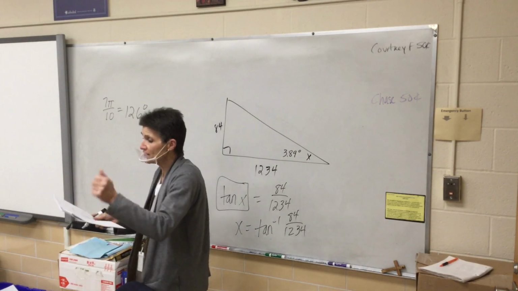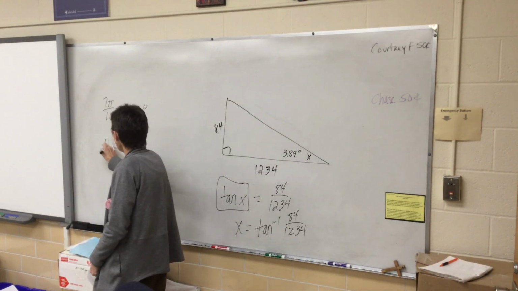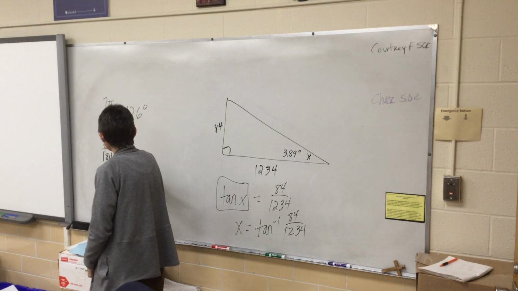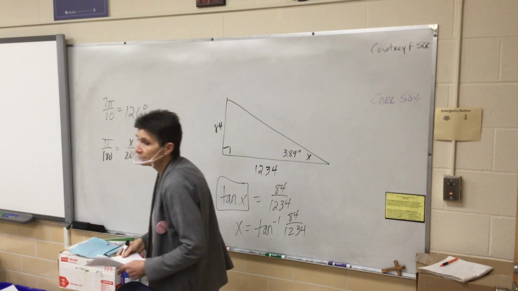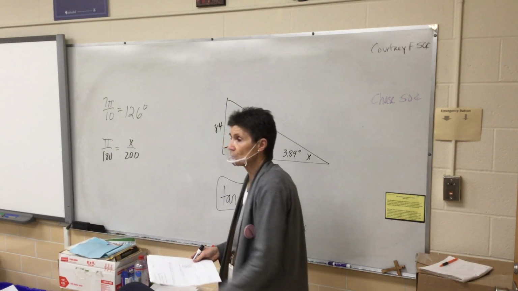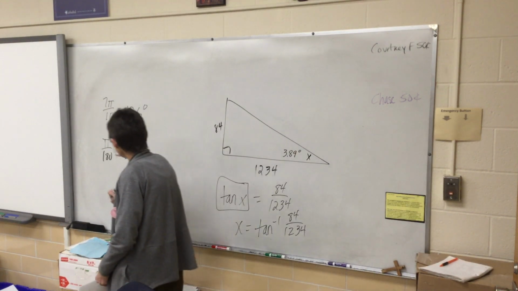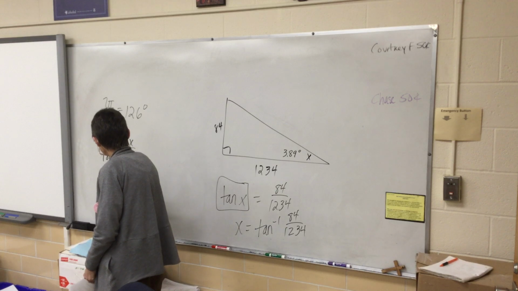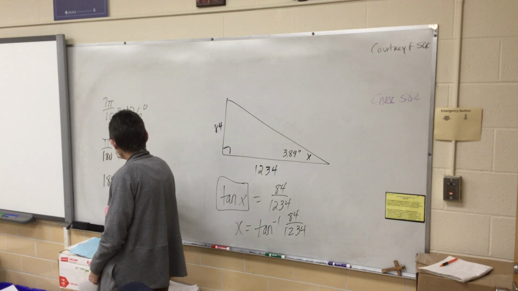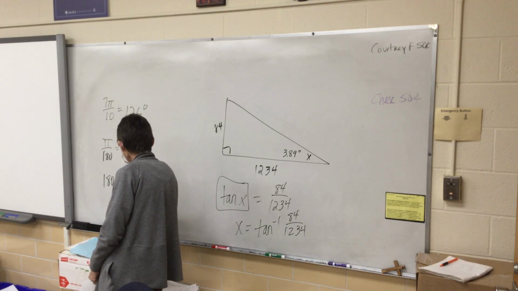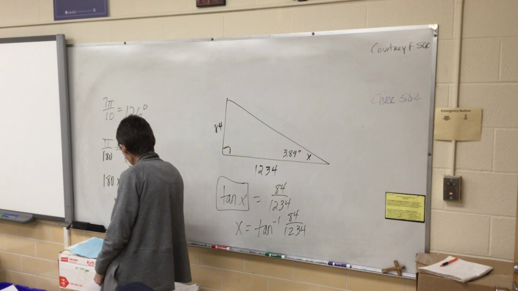But anyhow, change into radians. Pi over 180 equals x over 200. When we have to change into radians, we set up our proportion, and then we'll cross multiply. So I got 200 over 180. Now you want to reduce that.